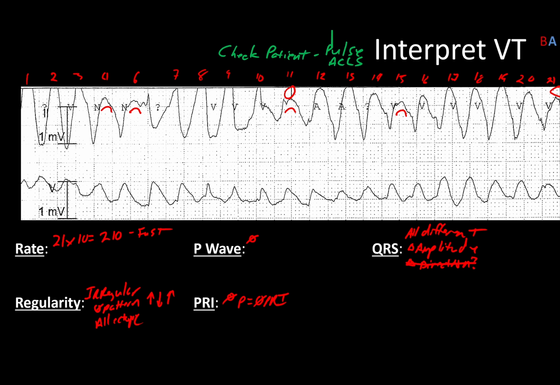If I measure them out and try to figure out exactly how wide they are, it's so difficult to find any of them that are appropriate for the width. What I can do is say at the very least from here to here, that's 8 small boxes, and that very well could be the entirety of the QRS.